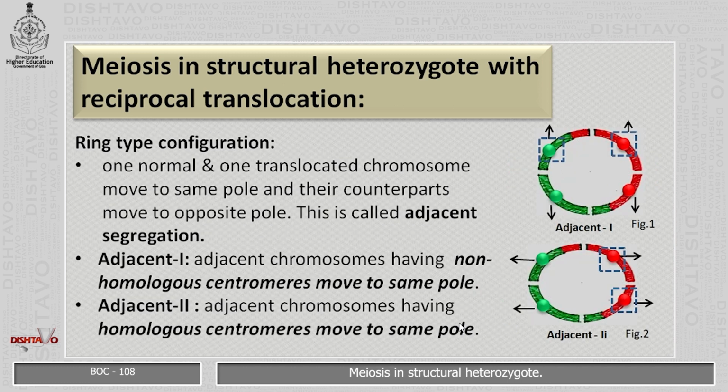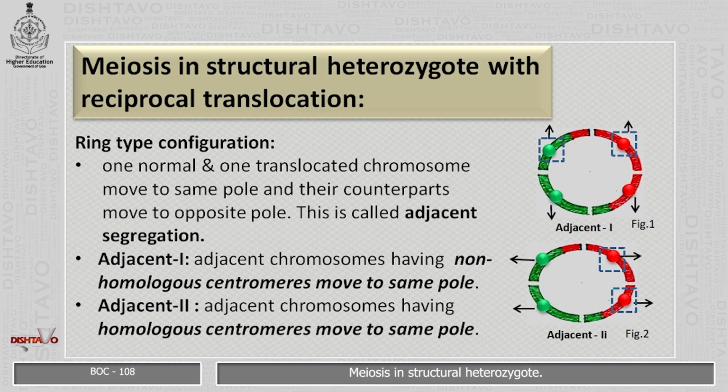Ring type configuration. In this, one normal and one translocated chromosome move to the same pole and their counterparts move to the opposite pole. This is called adjacent segregation. Adjacent segregation is of two types. Adjacent 1, in which adjacent chromosomes having non-homologous centromeres move to the same pole, as shown in figure 1.